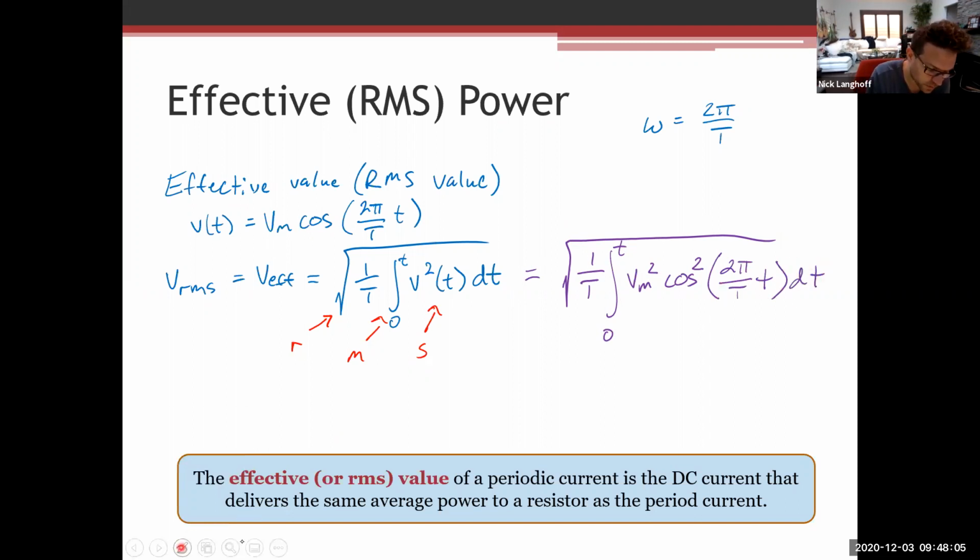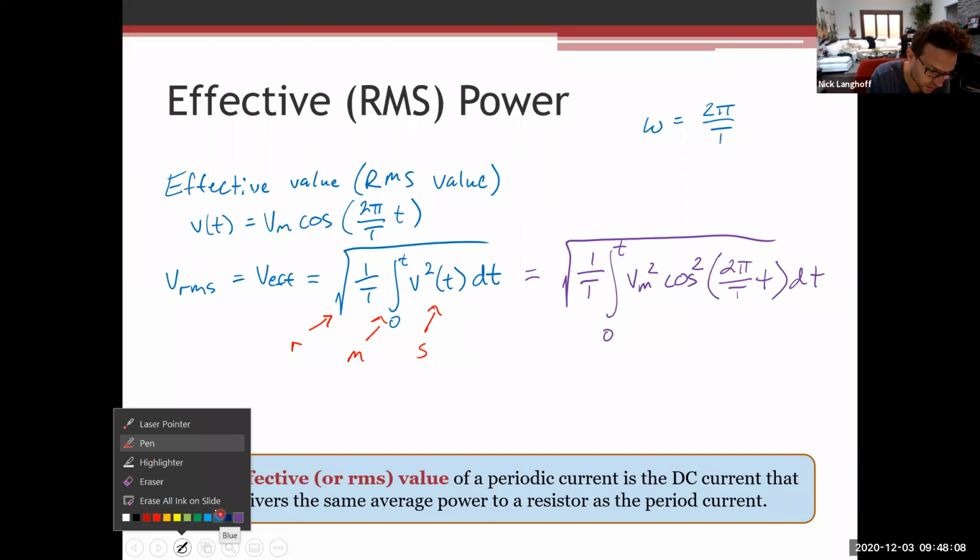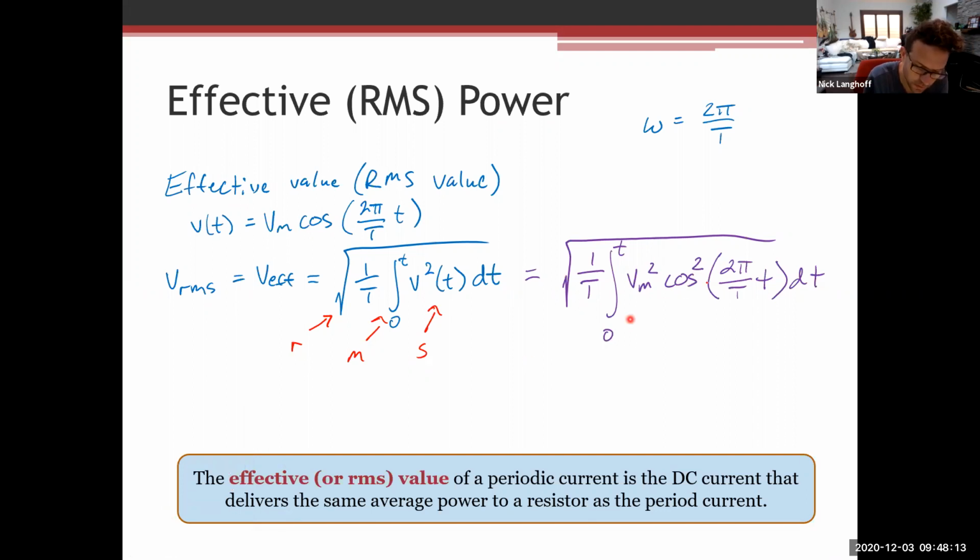And if you were to evaluate that integral, let's see, I'll do this in red here. If you were to evaluate the integral of this thing, this actually gets you 1 over cosine of 4 pi over t times t over 2, evaluated from 0 up to t.